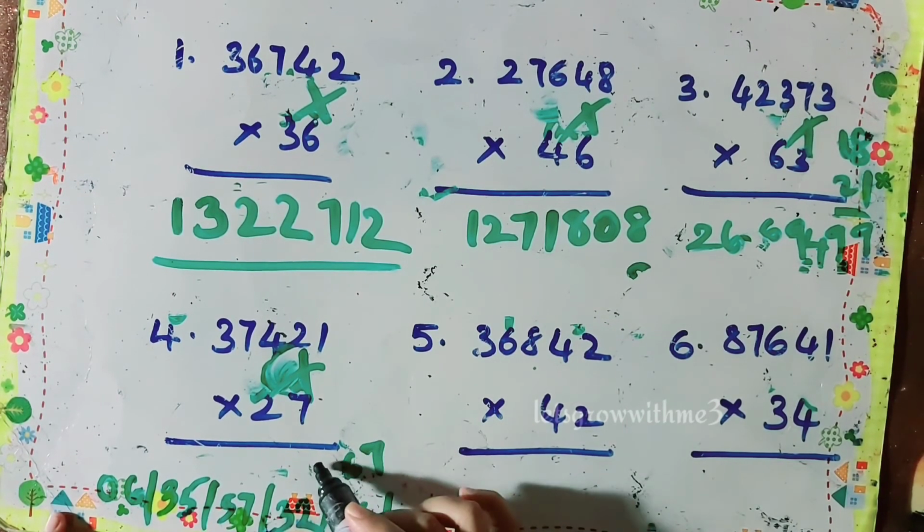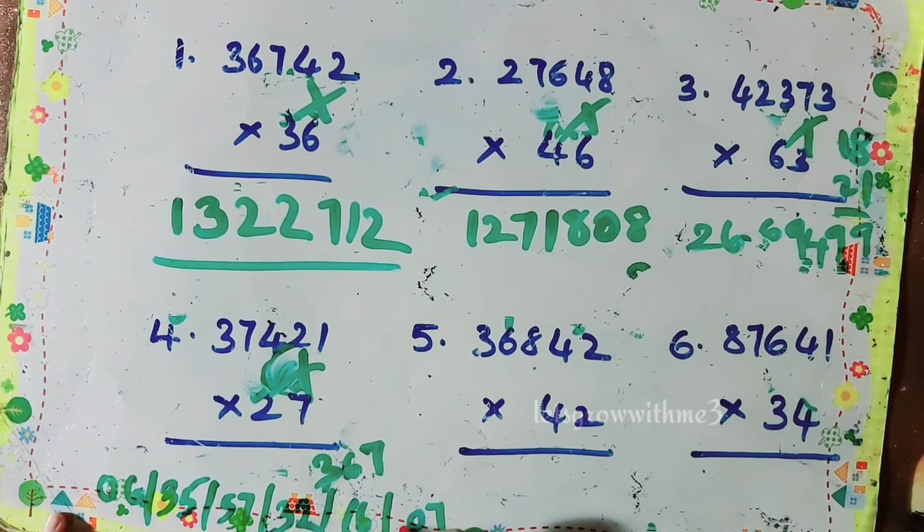Okay, and then 57 plus 3 is 60, 6 means 41, 4, 6 plus 4 which is 10. So the answer is 1010367.